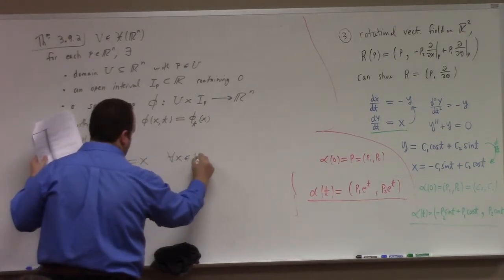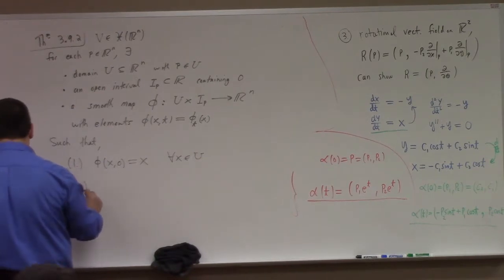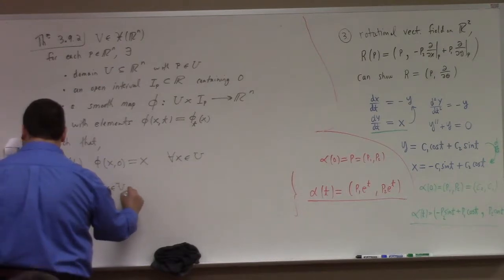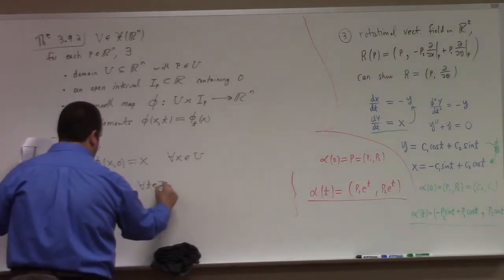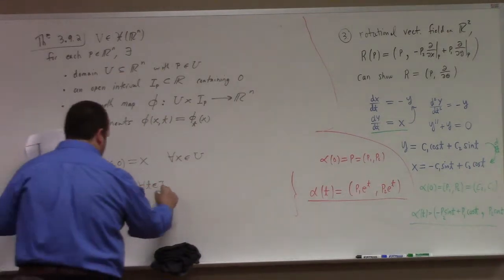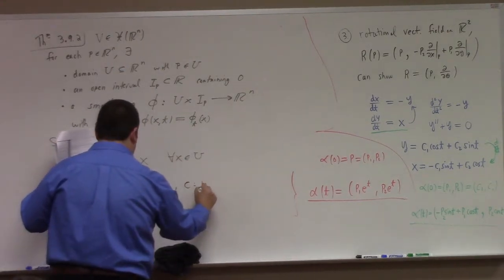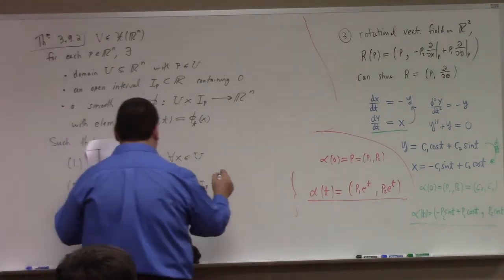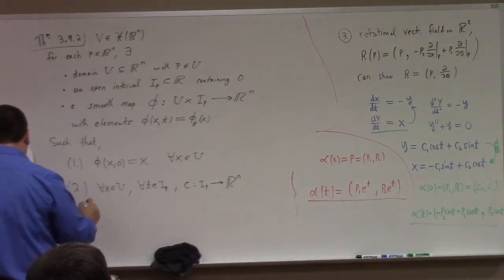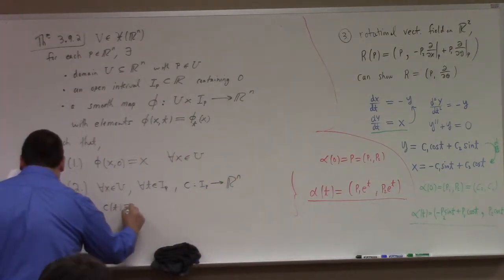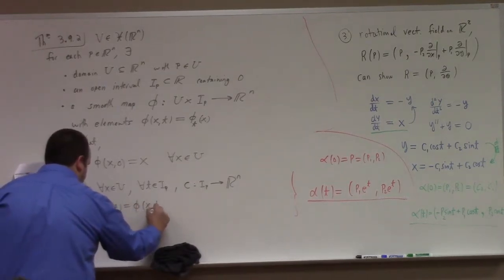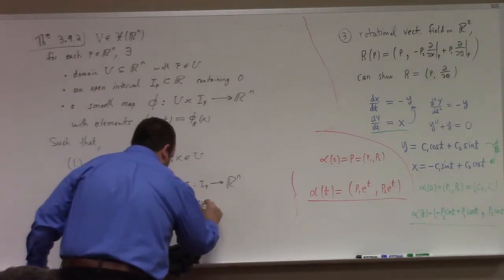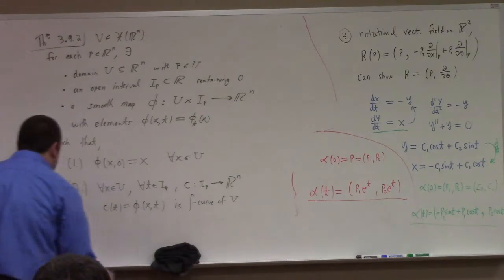Two, for all x in U and for all t in I_p, the parameterized curve C from I_p to R^n given by C of t equals phi of (x, t) is an integral curve of V. You know what this is doing?